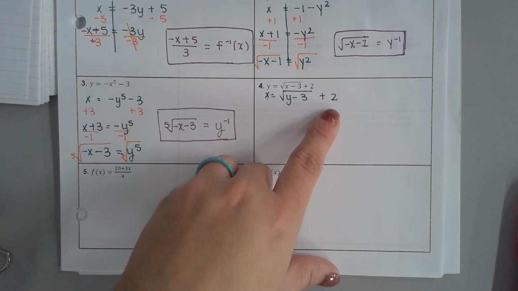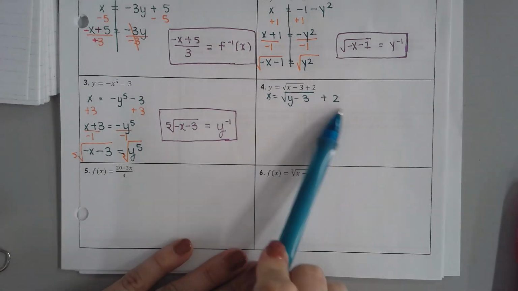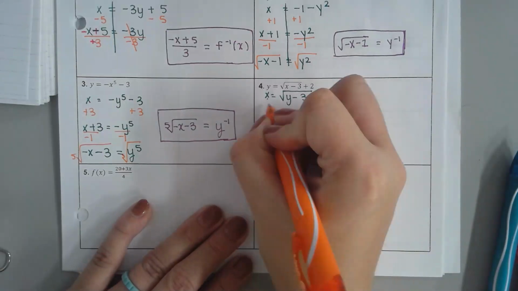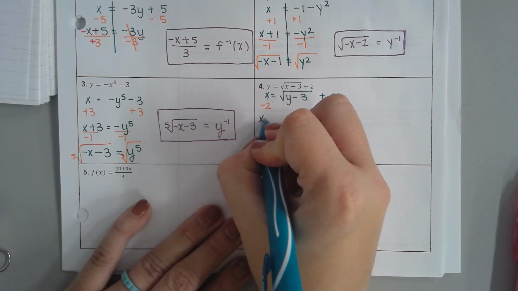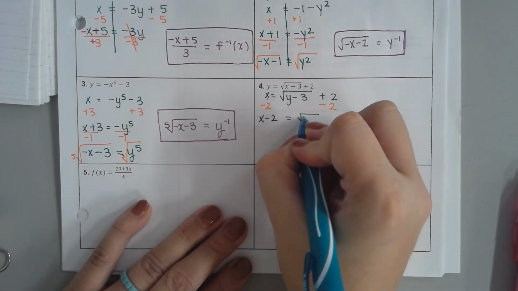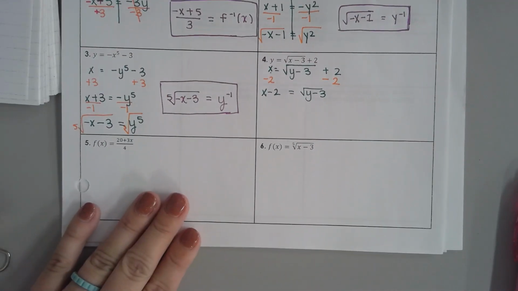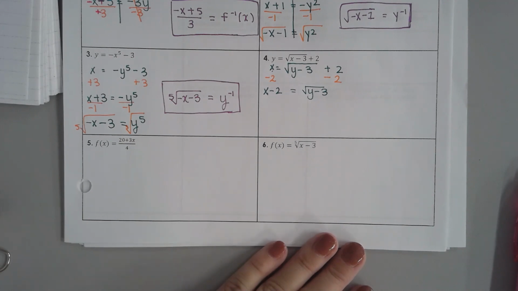You can't make that negative 1, because something that's under the square root is kind of stuck together with that square root right now. You can't just pull it out. But what I can do is get rid of this plus 2 by subtracting 2 from both sides. And I have x minus 2 equals the square root of y minus 3.